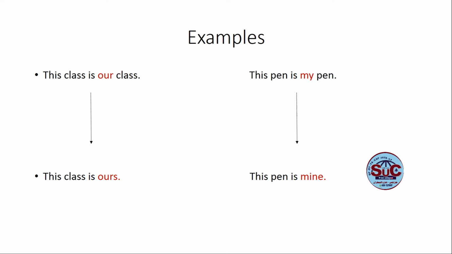In this case, we can replace our class with one possessive pronoun, that is ours. So the sentence changes to be this class is ours. This pen is my pen. I can replace it with this pen is mine to avoid the repetition of the noun pen twice in the sentence.